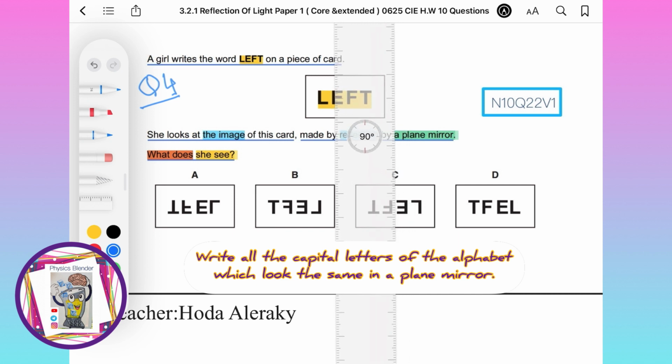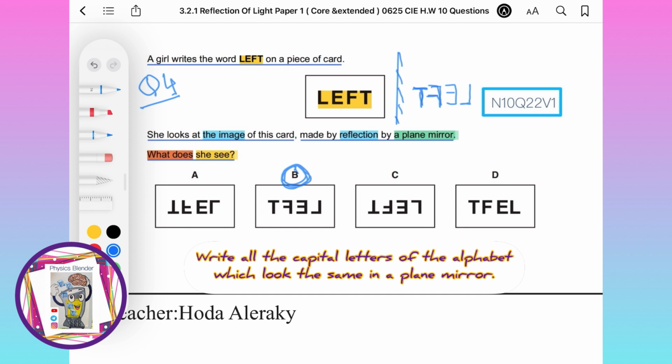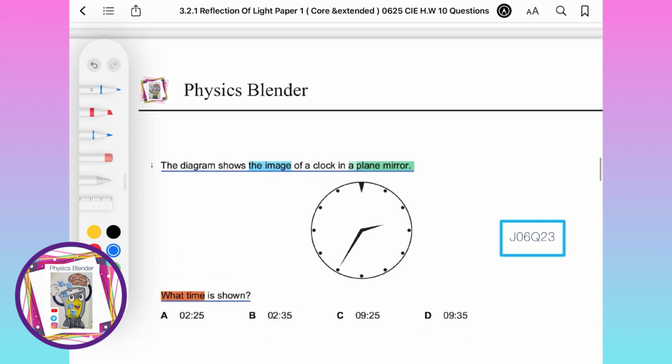If you have here the mirror, at equal distance you will find T, which is the same, no change in orientation, F laterally inverted, and you have here E and you have L. So the answer for this one is B. So at equal distance behind the mirror, you will find the letters laterally inverted, but some capital letters have no change in orientation, like letter T in this case. Okay, let's move to question 5.